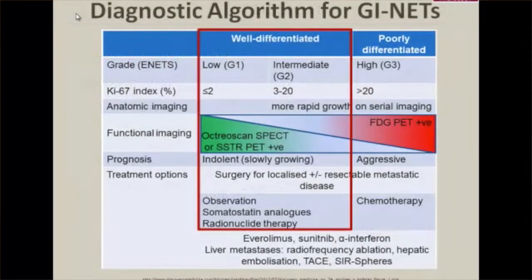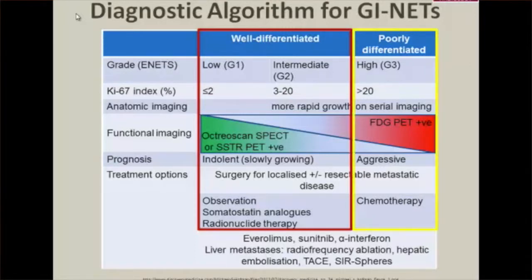So we know there's well-differentiated NETs that are either low or intermediate grade. We know the index and the anatomic imaging. One of the important things that I would like to emphasize in this section is the functional imaging. For the most part, when we're talking about well-differentiated, low to intermediate grade tumors, we're talking about octreoscan and PET scans. As these tumors become poorly differentiated, they become more aggressive.